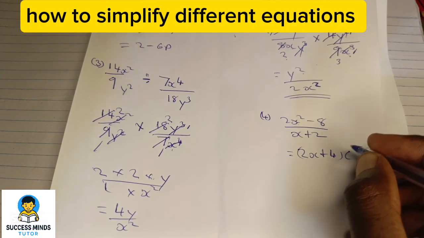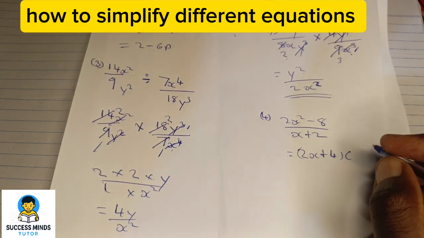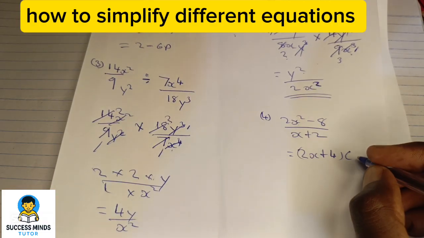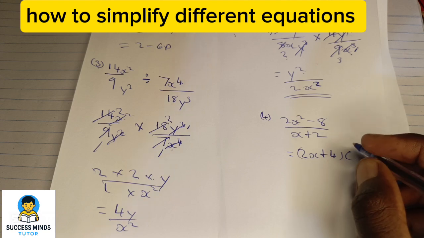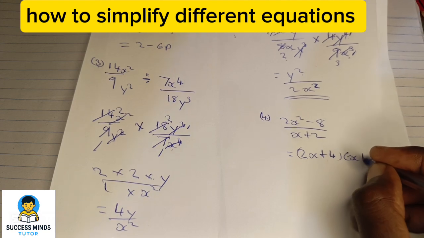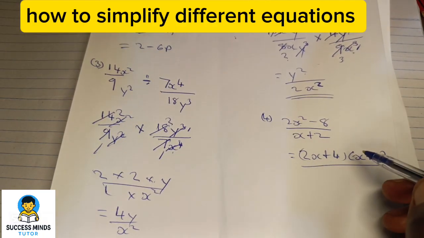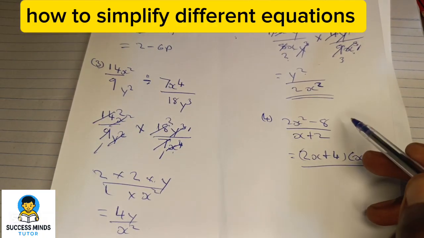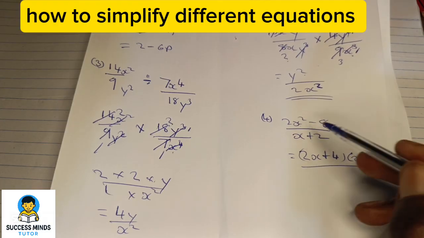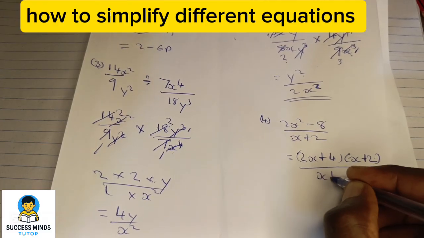Then we open another bracket and say x plus 2, close bracket. So we know when we multiply this times this, it will take us back to 8. This times that, it will take us to 2x squared. So we say x plus 2.